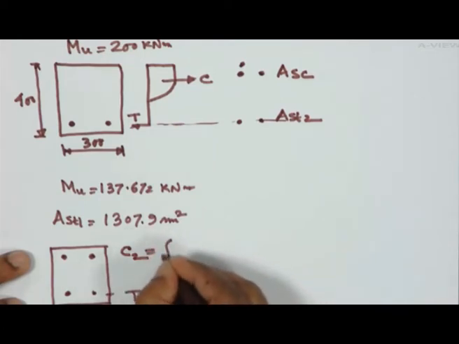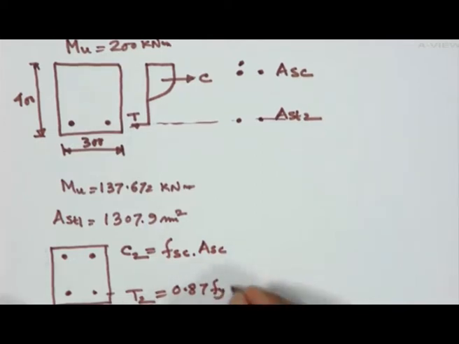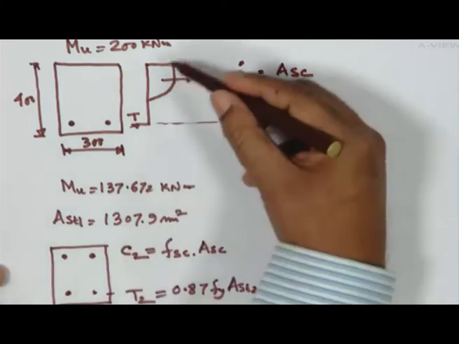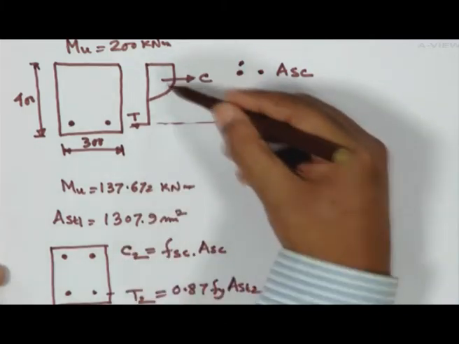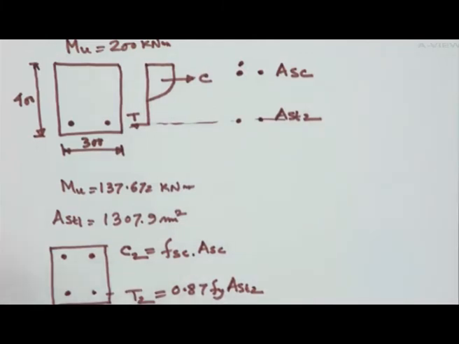C2 will be equal to Fsc into Asc, but T2 will be equal to 0.87 Fy Ast2. So C2 will be equal to T2, because this one is now in equilibrium position. That means here C and T are equal. Here also, I cannot simply increase on one side.